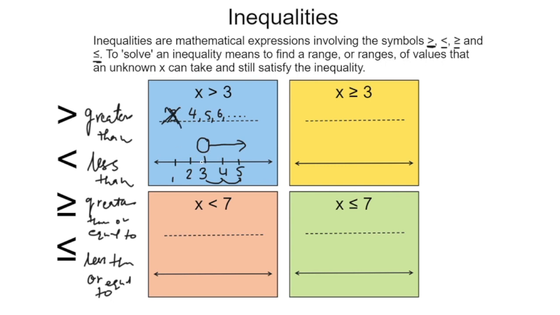In case 3 is part of our solution, let's see the second inequality where they are saying x is greater than or equal to 3. So 4, 5, 6, and so on are part of it, but even 3 is part of it.